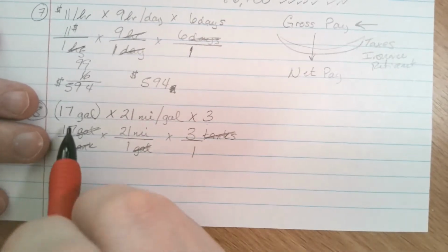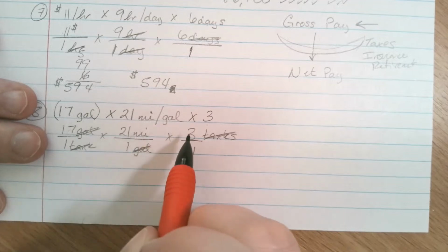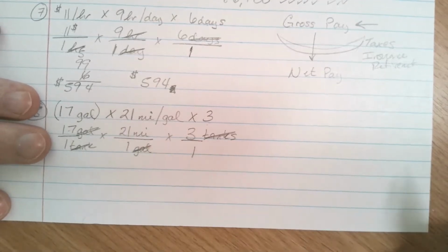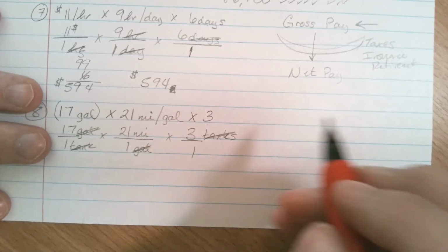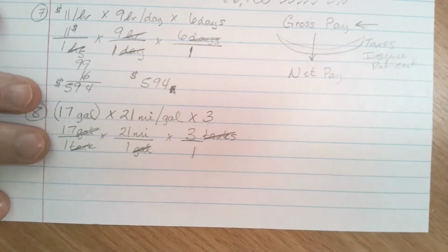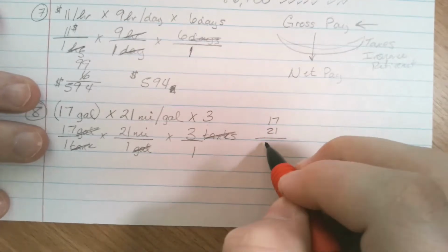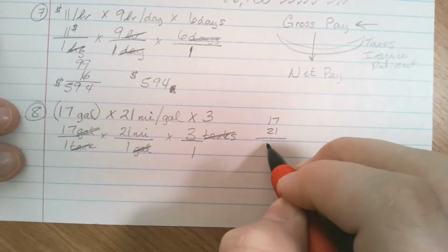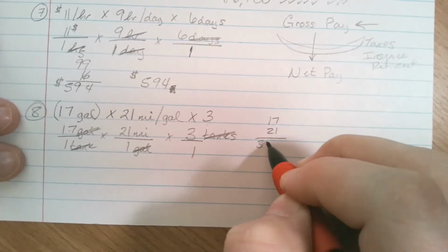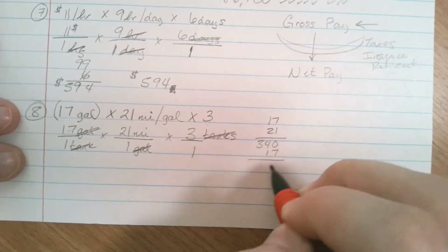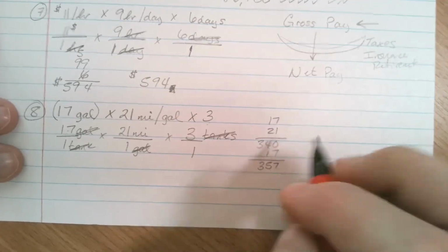The only thing left is 17 times 21 times 3. So let's see. Let us multiply 17 by 21 first. So that is 340 plus 17, 357 times 3.